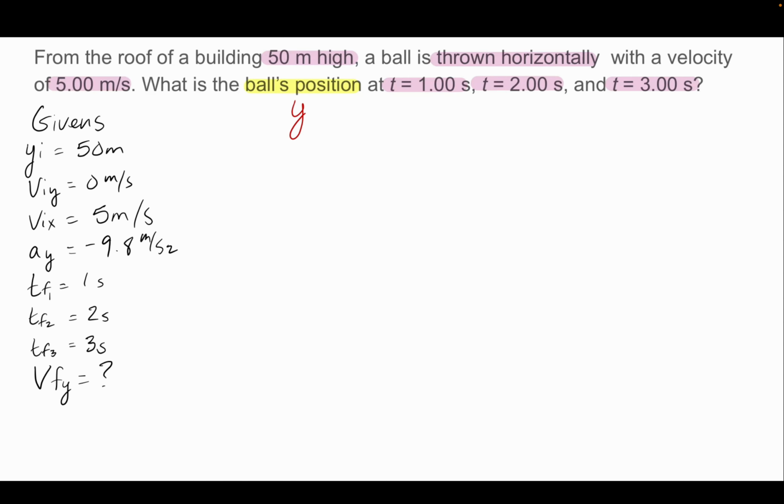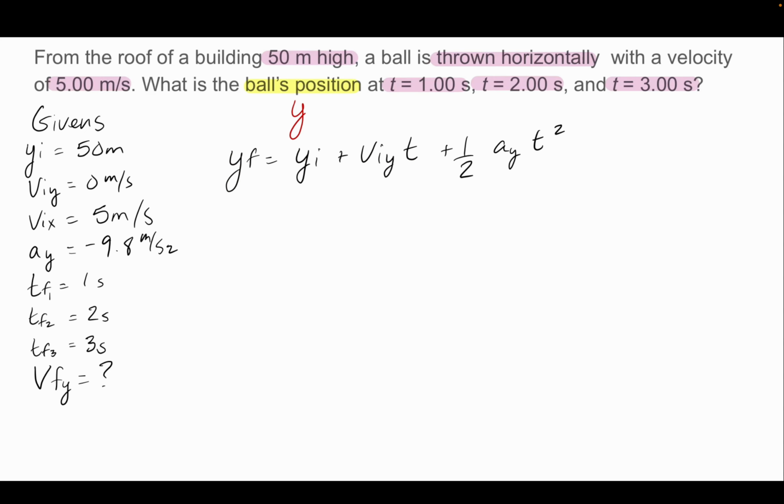Okay, so in this case, Y final, sorry, might as well get used to writing the right ones, is equal to Y initial plus VIYT plus 1/2 AYT squared.